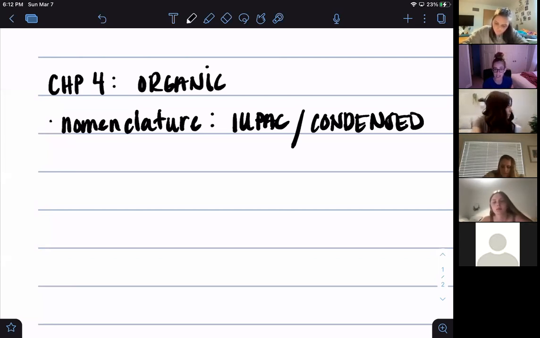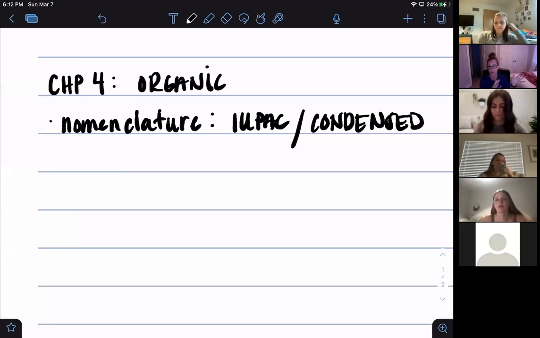Those two things are either going to be presented to you as a formal name, and you have to find from the pictures provided the skeletal structure of said formal name, or you'll be given the condensed and you have to turn it into the skeletal and provide the IUPAC name. So they could go either way.